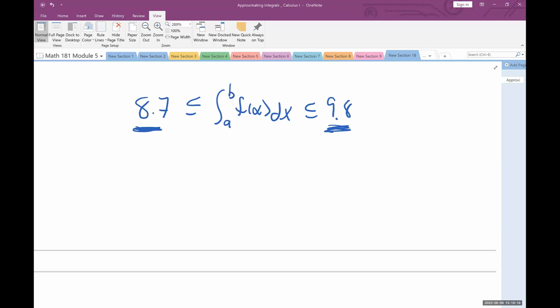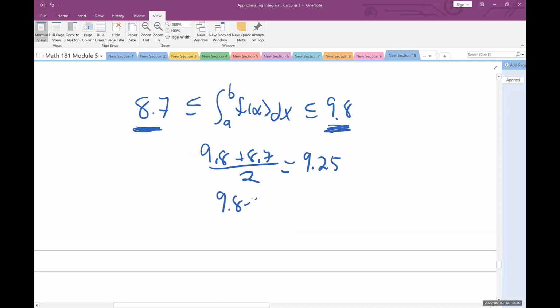And this is as simple as this. You're going to feel insulted how easy this is. 9.8 plus 8.7 divided by 2, I got 9.25. Then you take that 9.25, and the high value minus 9.25 is 0.55. 9.25 minus the low value of 8.7 is also 0.55.